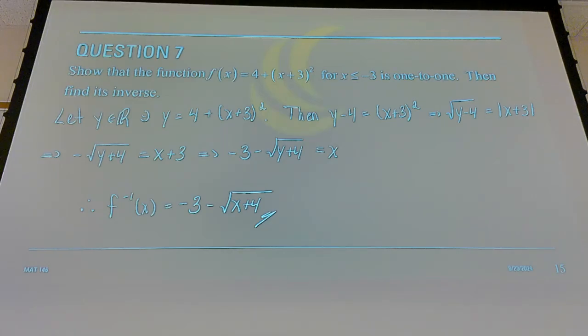So the range is 4 to infinity. That's why there's a class dedicated just to inverse functions.